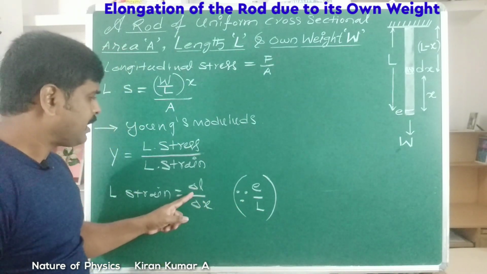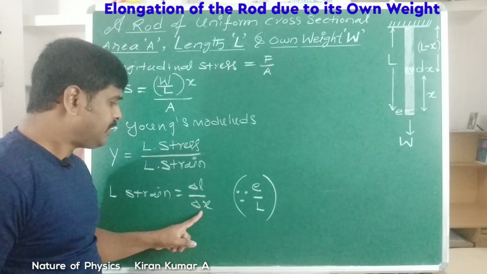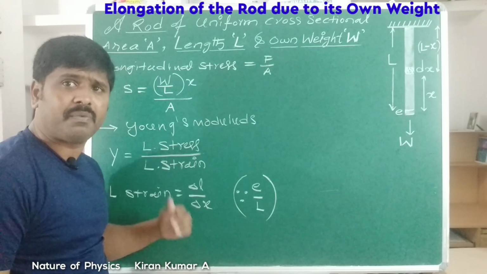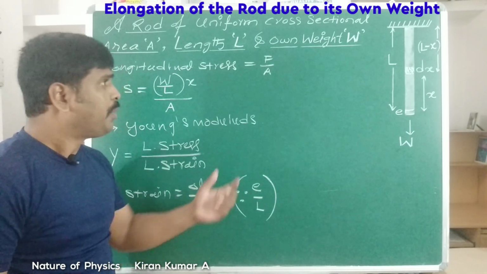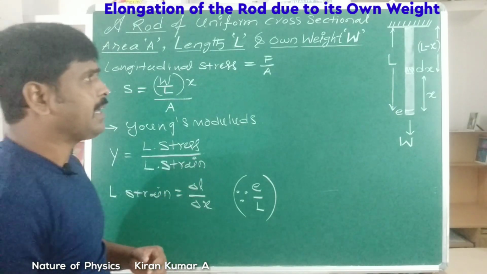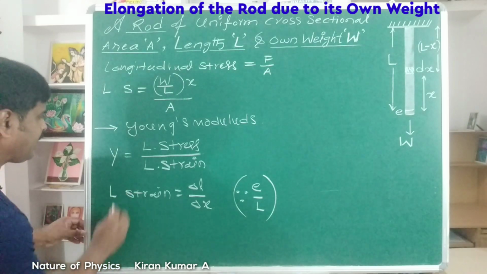Here I am taking the elongation as delta L and the length as the element dx, because we are finding the derivation with respect to the element delta x or dx. Okay, so in the next step I am replacing in the above equation.